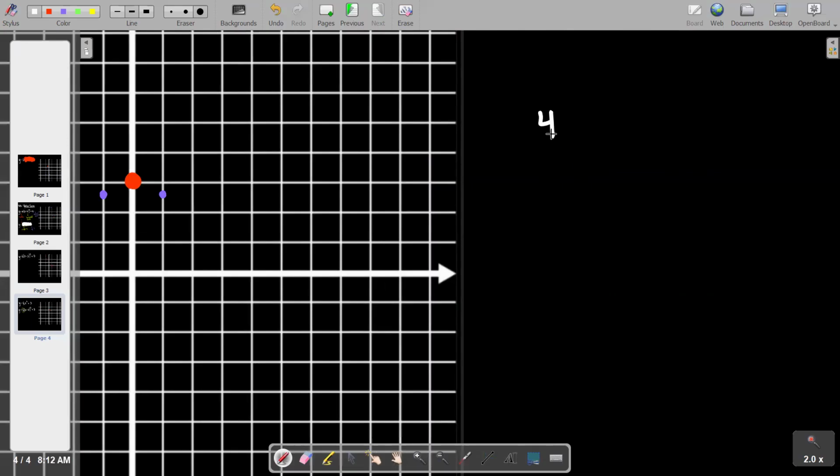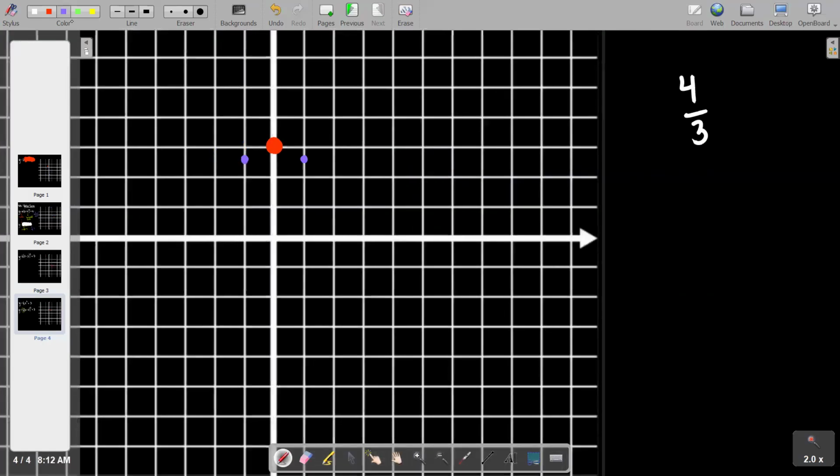We'd go down 4 and you divide it by 3. And if you know math pretty well, you know that that's 1.3-ish, 1 and a third. If you don't, type it in your calculator and it'll tell you the same thing. So that means if we leave the vertex and go out 2, we go down 1 and a third of the way to 2.